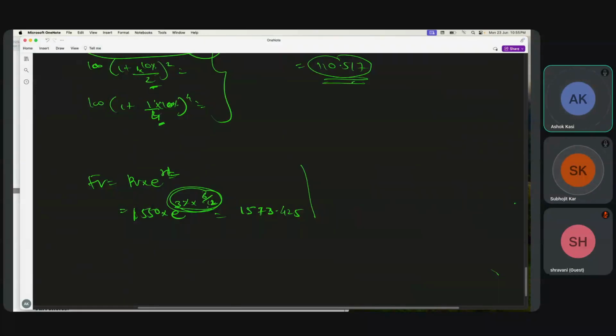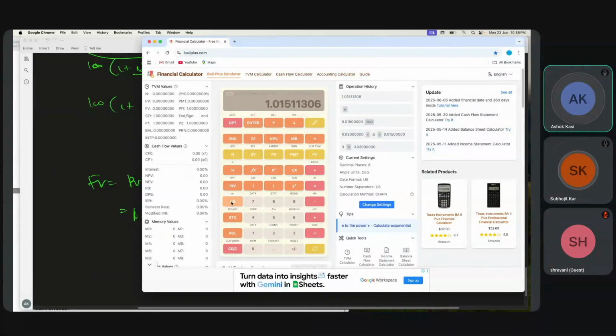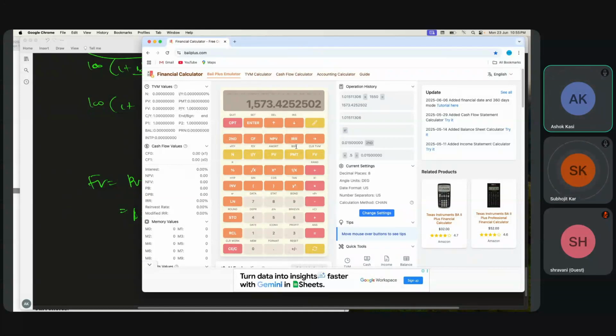This is 3% into 0.5, then second ln, into 1550. That is the present value, 1573.4. Okay. And now we'll have to deduct the dividend from it, right?